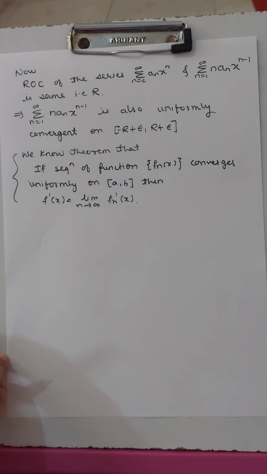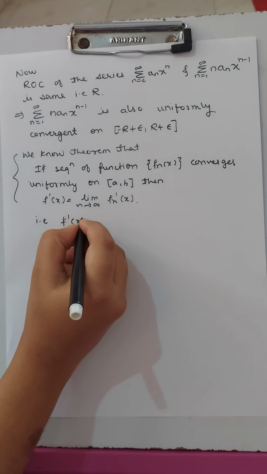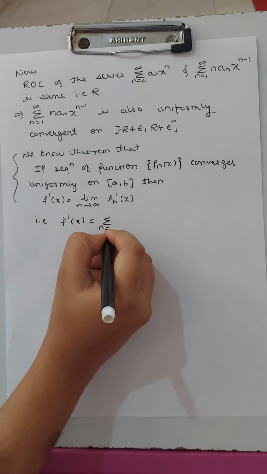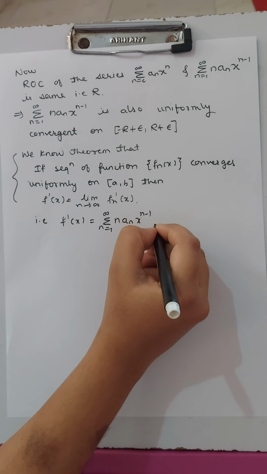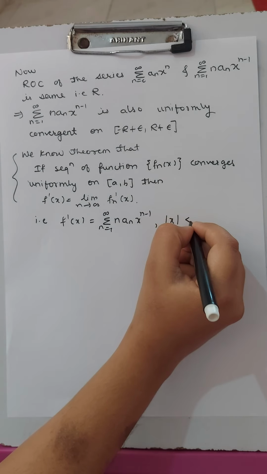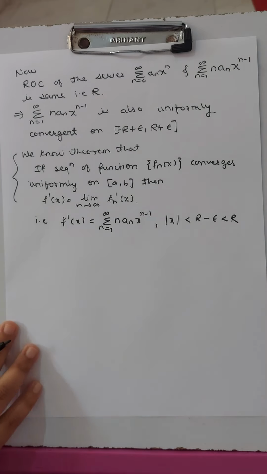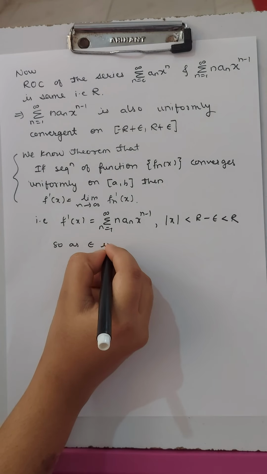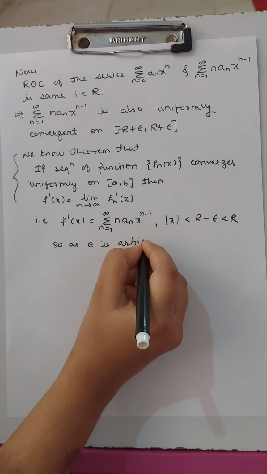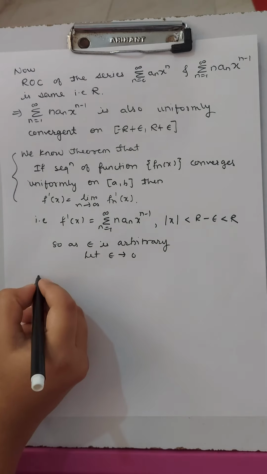So applying this theorem for the series, we have f dash of x equals summation n from 1 to infinity n a n x to the power n minus 1 for mod x less than r minus epsilon less than r. Now since we have chosen this epsilon arbitrarily, let epsilon tend to 0.